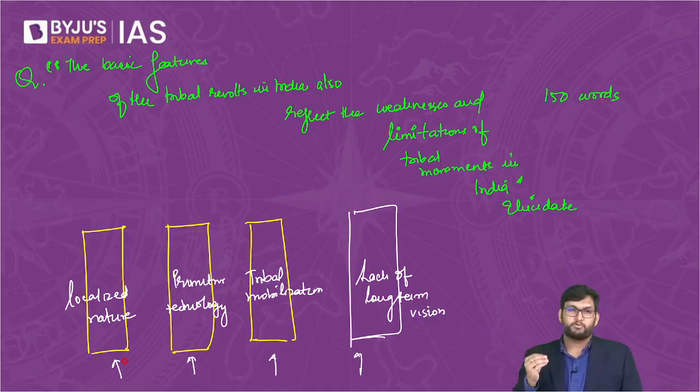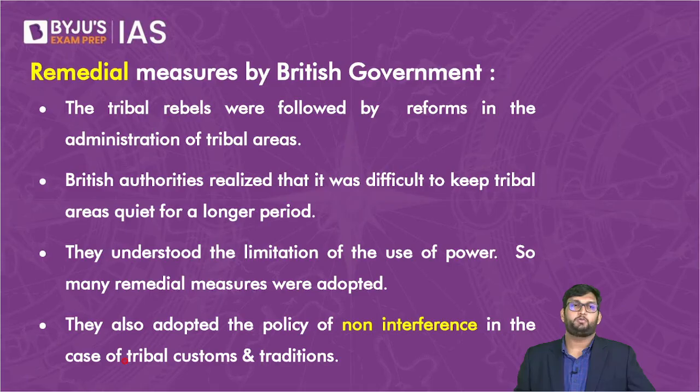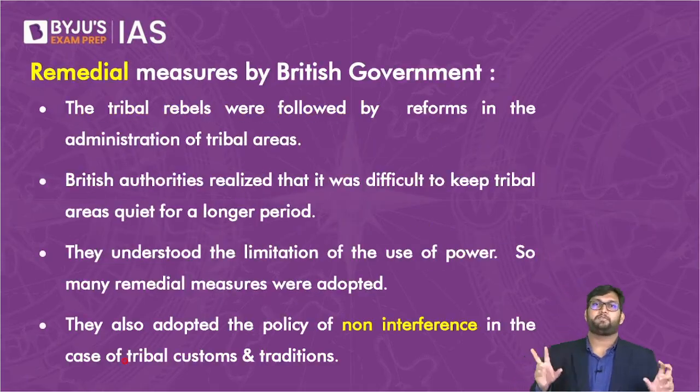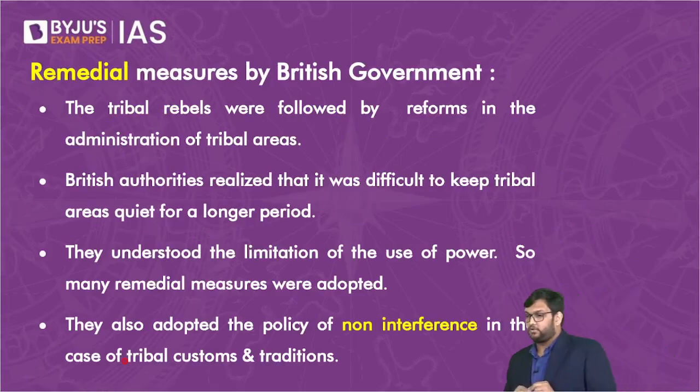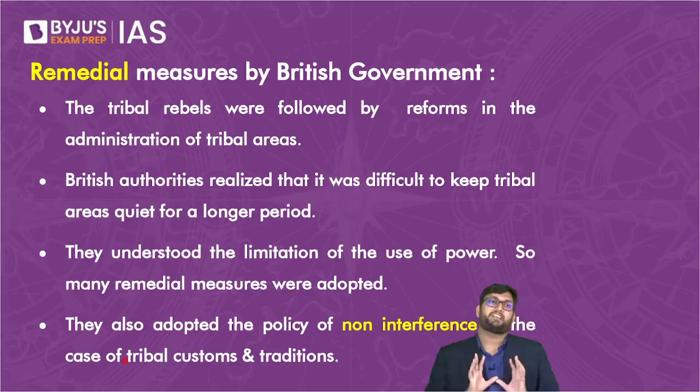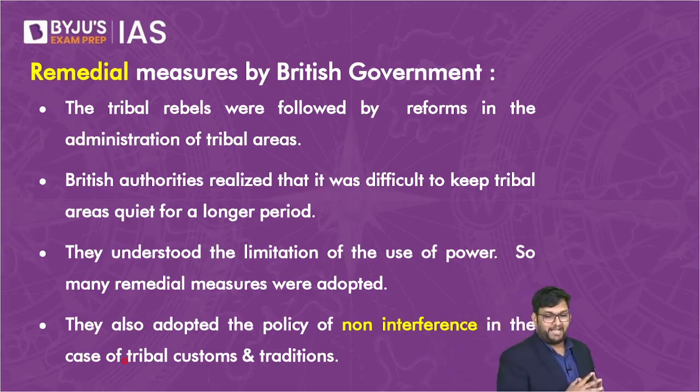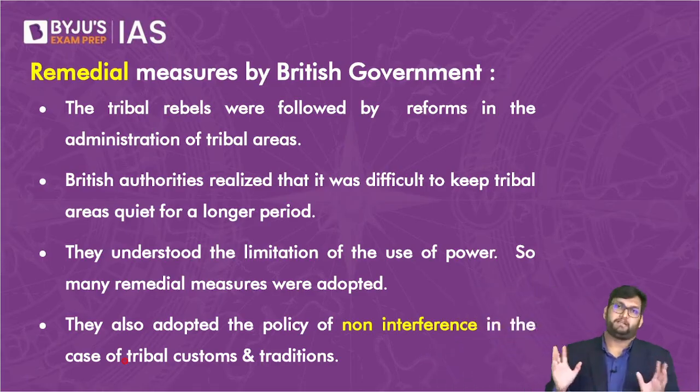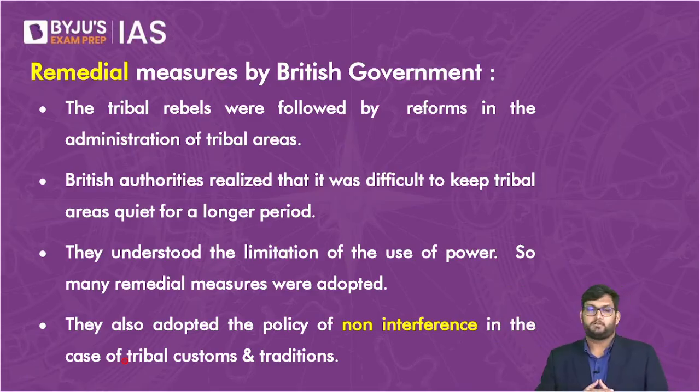I just want to show you something, because when you will be doing polity, you will be discussing this concept of the 5th and 6th schedule and the concept of special provisions for tribals. And I want you to understand the origin of that.